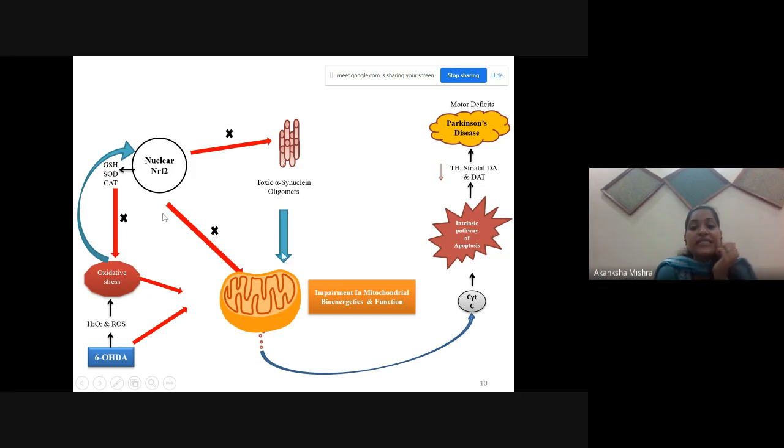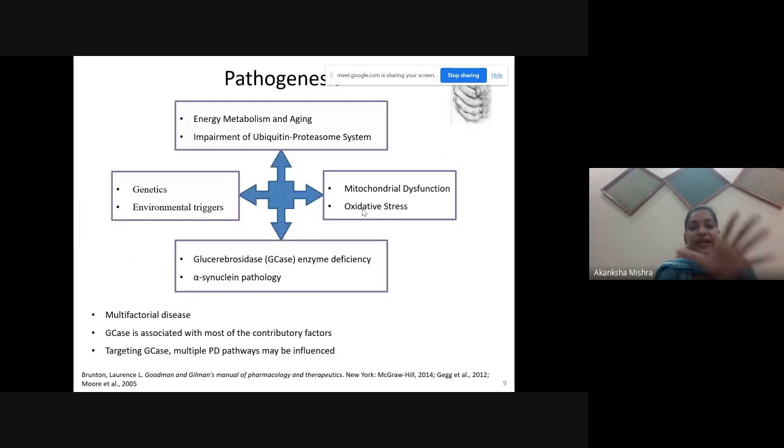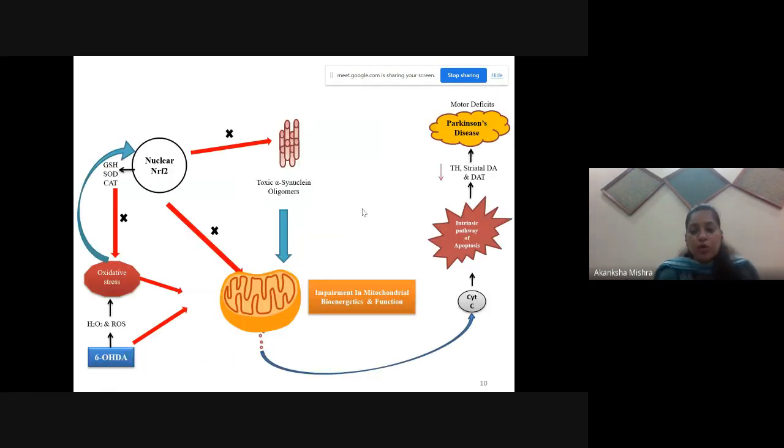It decreases the mitochondrial protein import. If mitochondria do not get their proteins, they will ultimately be dysfunctional. So this is the basic cycle through which I tried to let you know about the factors I discussed in the previous slide. I hope you got the gist of this slide.